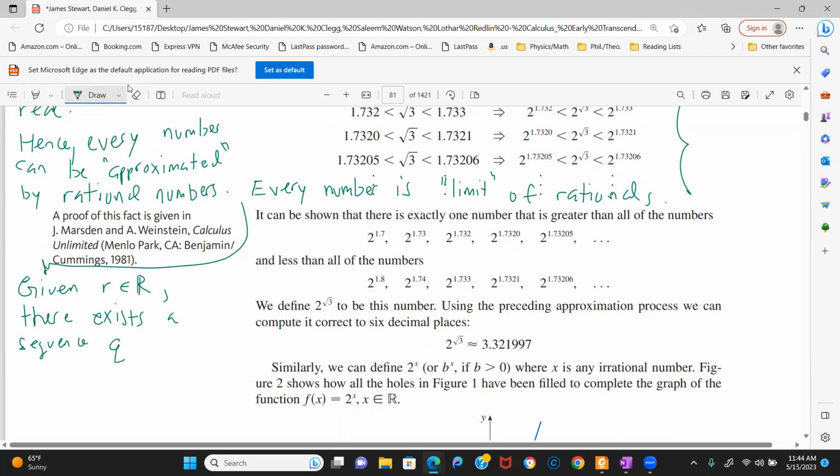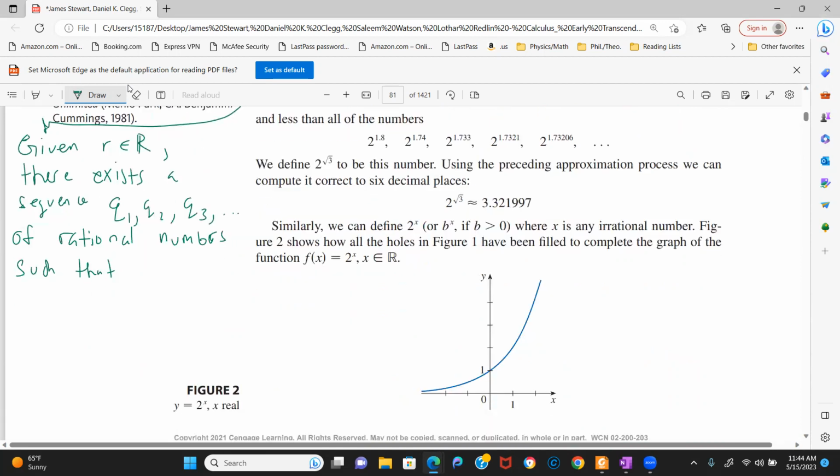So there exists a sequence Q1, Q2, Q3, and this is of rational numbers. So these are all rational numbers, such that R is equal to the limit, and I'm going to put this all in quotation marks because we didn't talk about limits. I haven't defined everything properly, but hopefully the idea is clear. It's the intuitive idea. So R is going to be the limit of these rational numbers.